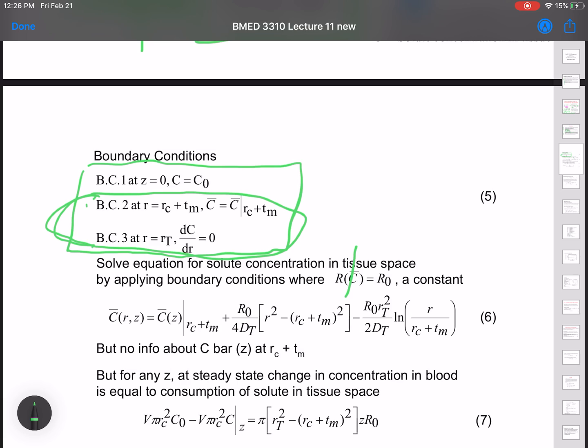And let's look at them. At R equals R sub C plus Tm, so we're on the outside wall of the capillary. So we're in the tissue, so we have C bar. And she just said C bar is equal to C bar at RC plus Tm.